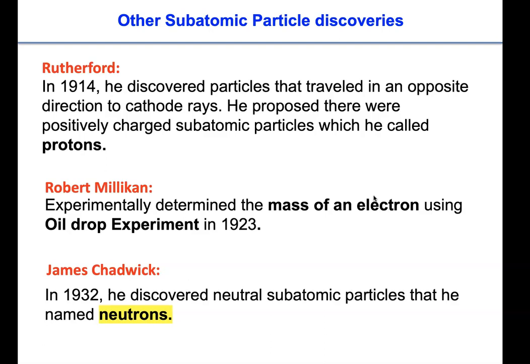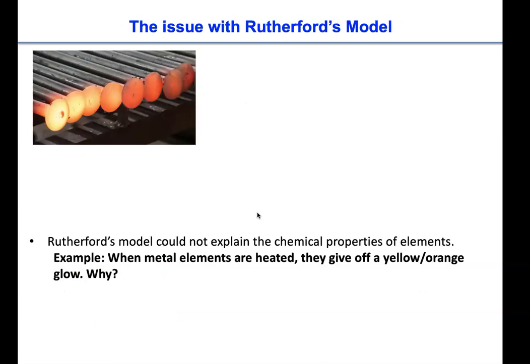And in 1932, James Chadwick discovered a neutral subatomic particle that he called neutron. So now all three subatomic particles are discovered. By the way, an electron weighs 2,000 times less than a proton or a neutron.